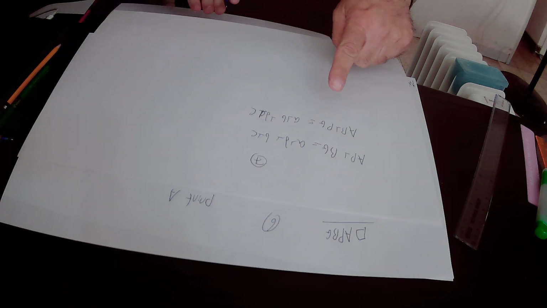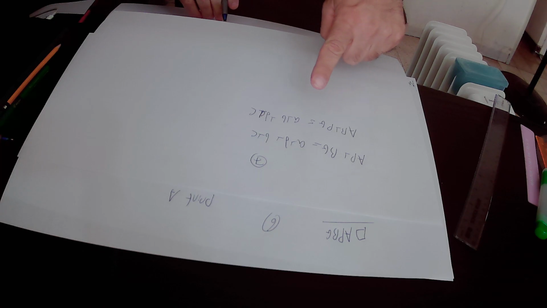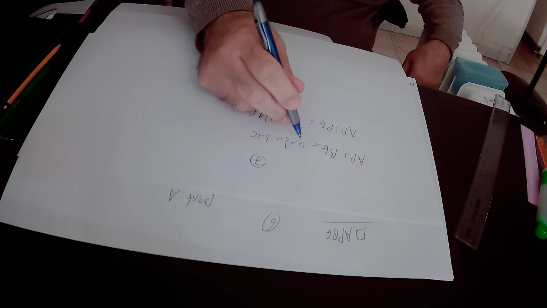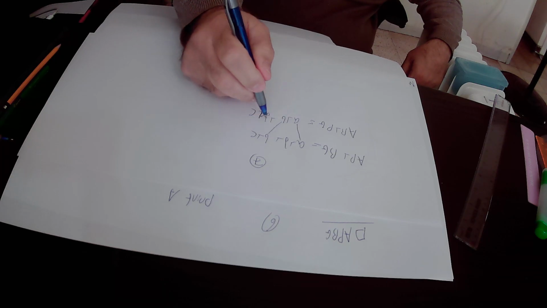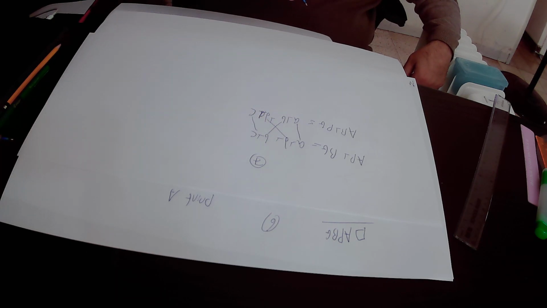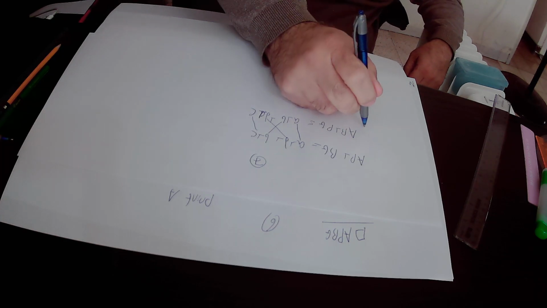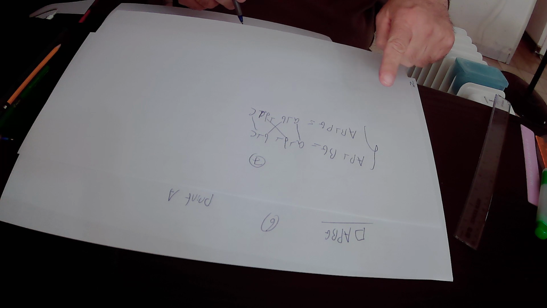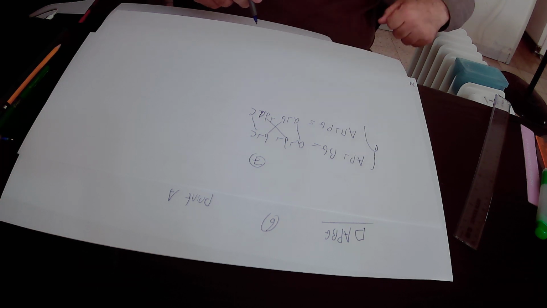But AP plus BG also equals A plus D plus B plus C. Here we have A, B, D, and C. That is to say, according to the equation, AP plus BG equals AB plus PG.